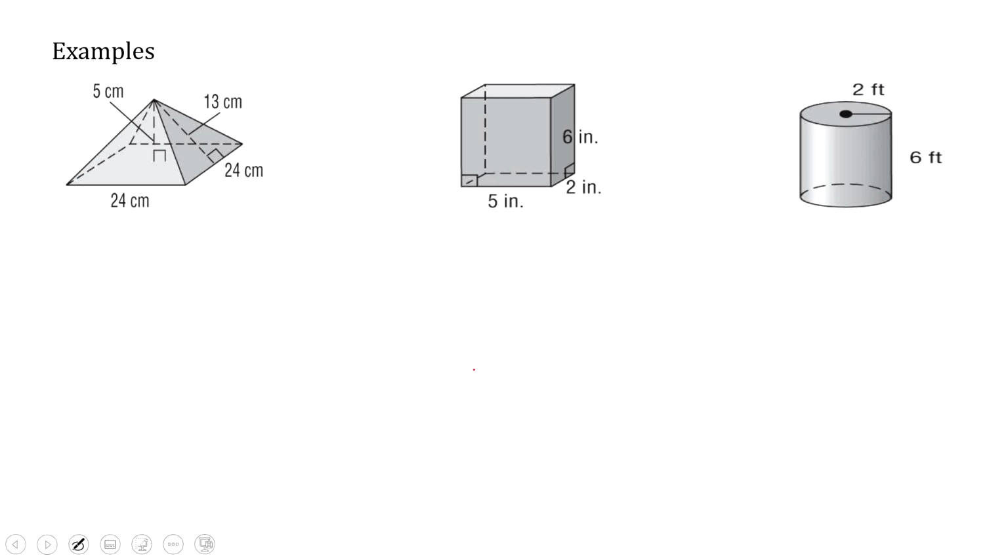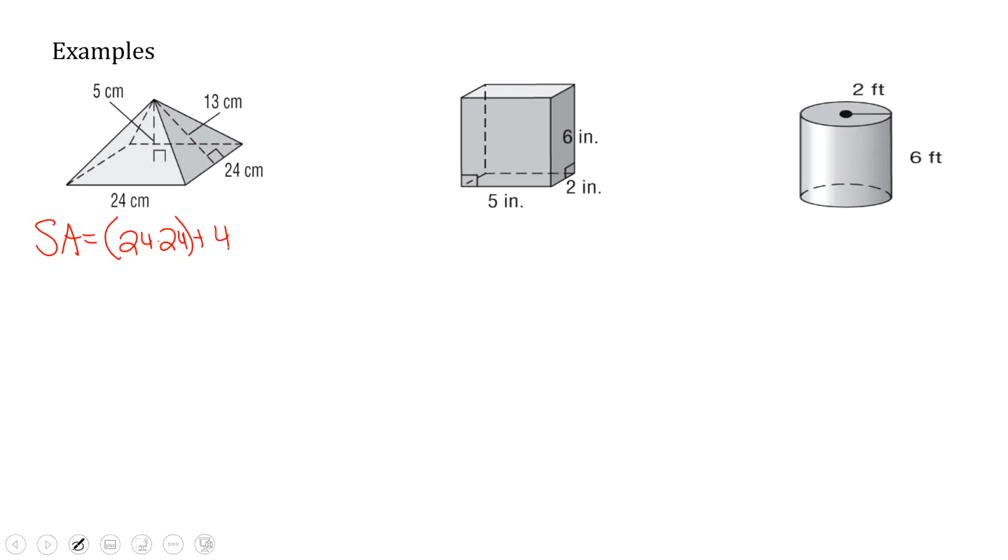Okay, so examples. The surface area of this pyramid is the area of the base, which I will put as 24 times 24, plus 4 times the area of my face, because it's a square on the bottom.